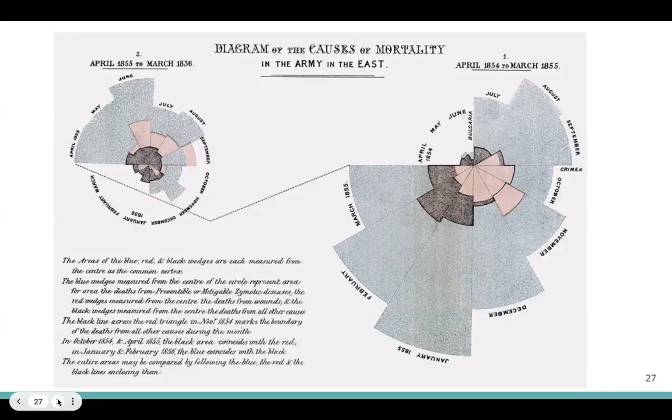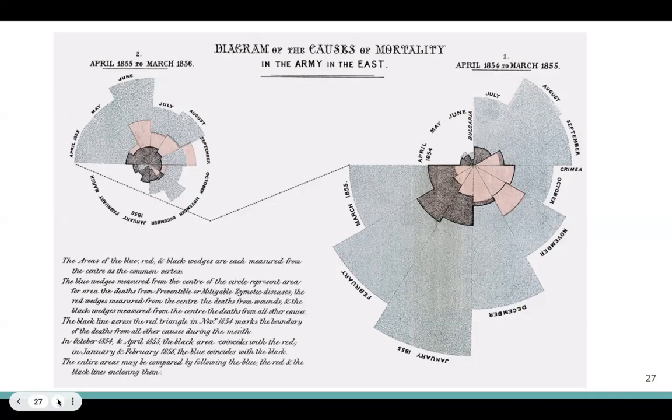This shows the causes of mortality, the causes of deaths in the British Army, between 1854 and 1855. Let's say you start at 9 o'clock, which is April 1854, and then you go clockwise all the way around, and you end back at 9 o'clock, in March 1855.